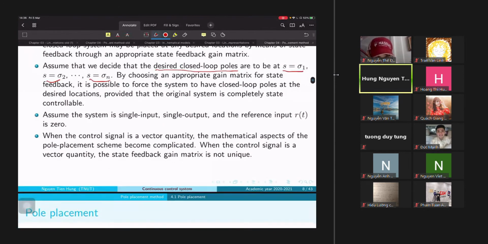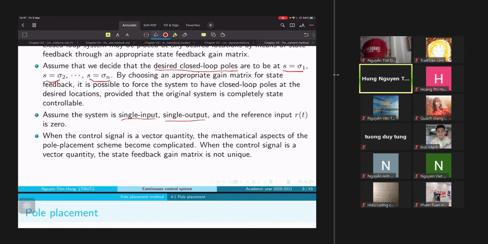We assume the system is single input and single output for simplicity, and the reference input is 0, meaning that we put all of this into the origin of the system.